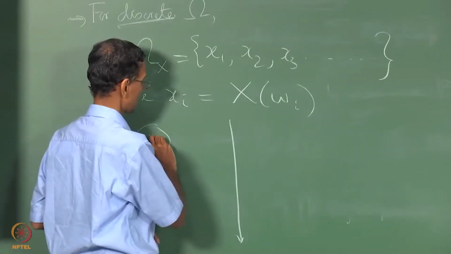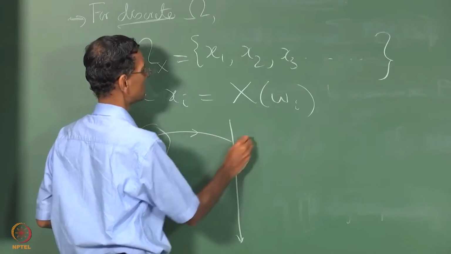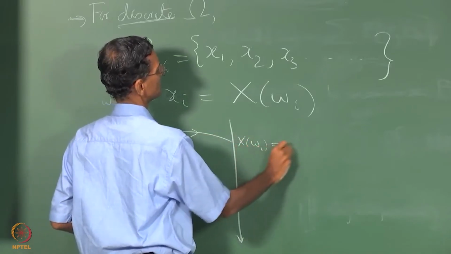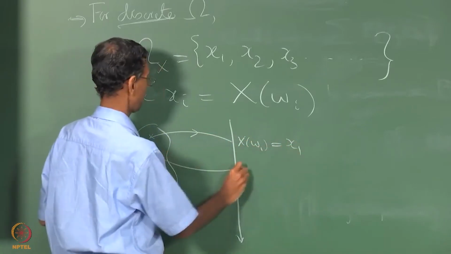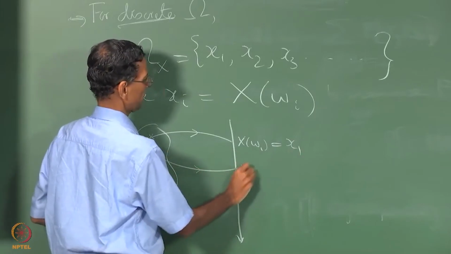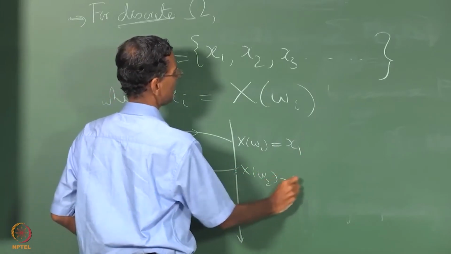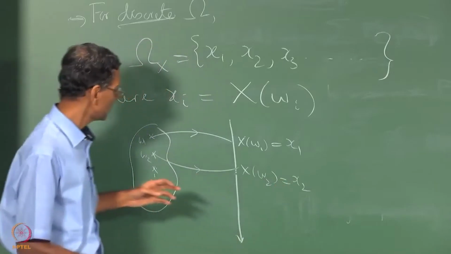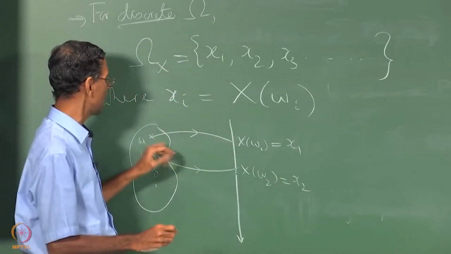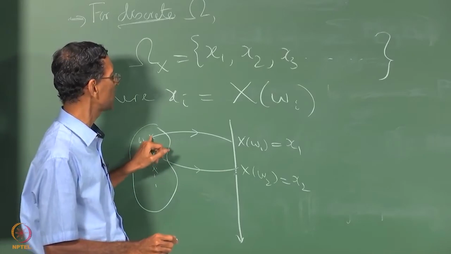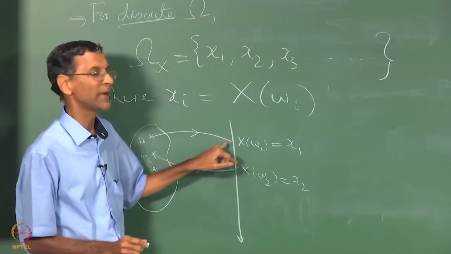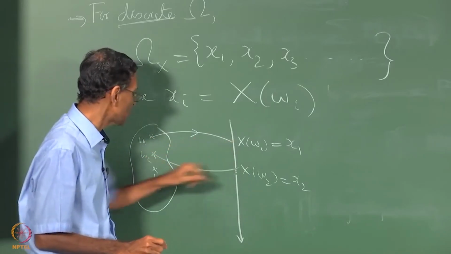So you have omega 1 map to X of omega 1, which is some small x1. The only rule is that each of these points must be mapped to a unique point, to some point out here.